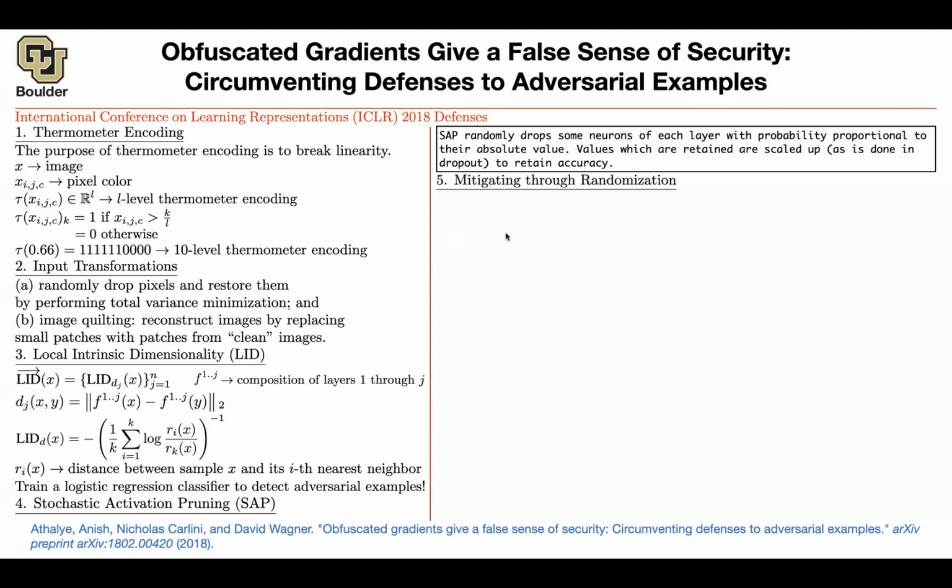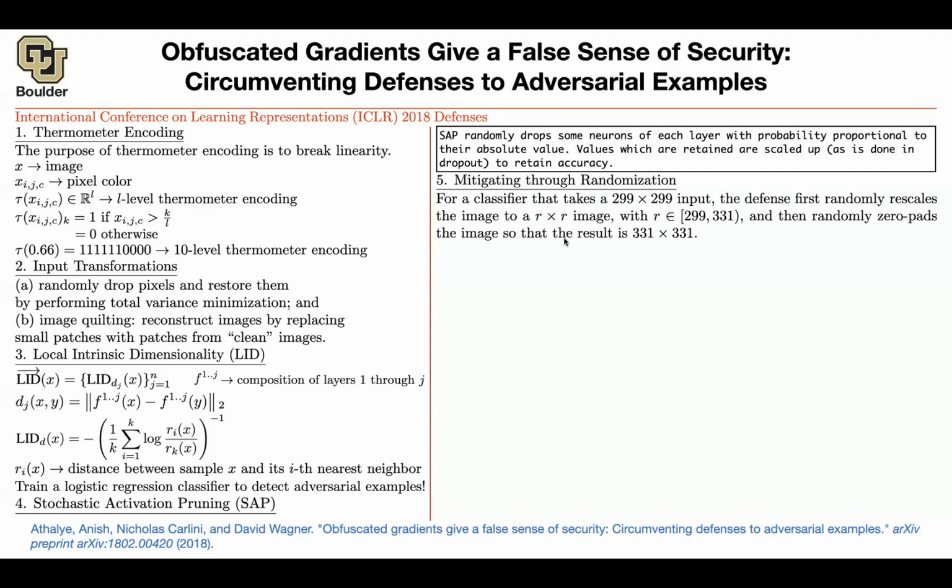The other one is getting similar randomization. For stochastic activation pruning, you were introducing randomization in your layers. Here you can introduce randomization for your images, for your inputs. If your input is a 229 by 229 image, you can randomly rescale it to be either 229 or 300 or 331, up until 331.